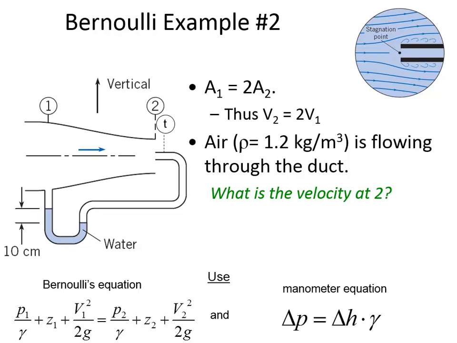Since the area at 1 is twice the area at 2, so area 1 is basically 2A2. For these two things to equal out, what we need to have is that V2 is going to be double V1. And so where we have V2, we'd say 2V1.